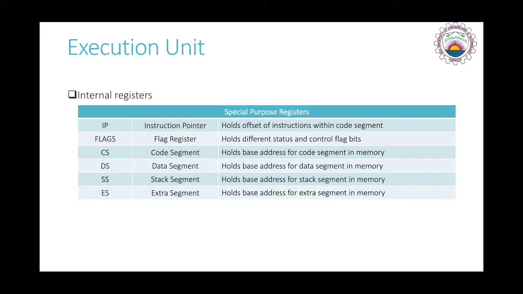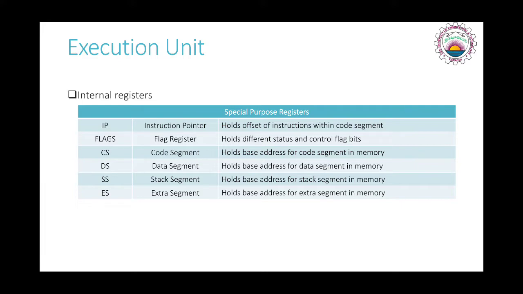As within code segment, we will be having instructions, so the offset address will be within IP. Detail will be coming when we will be discussing the real mode memory addressing topic.